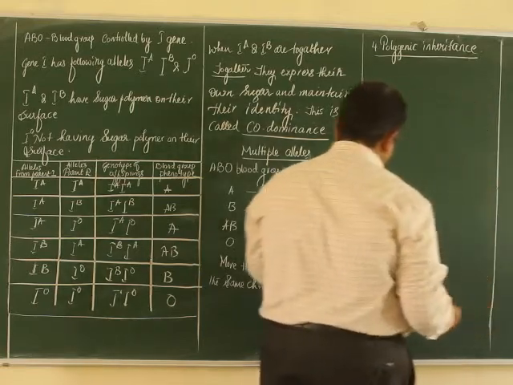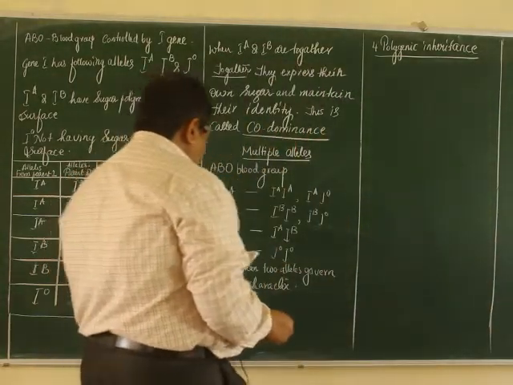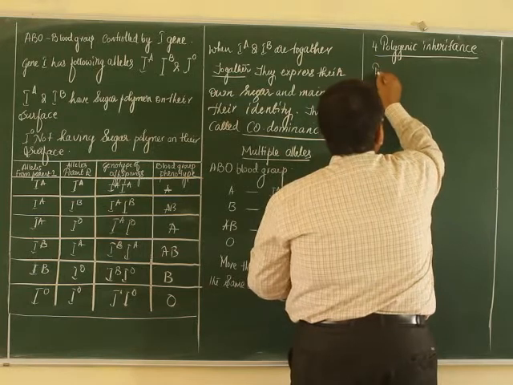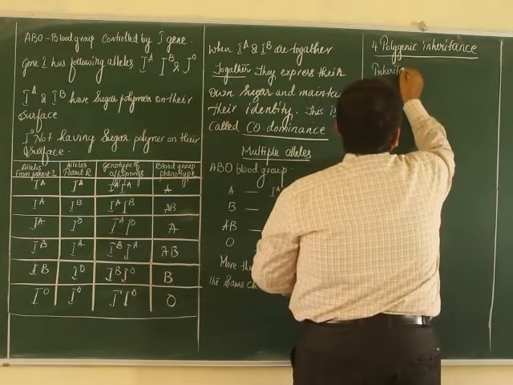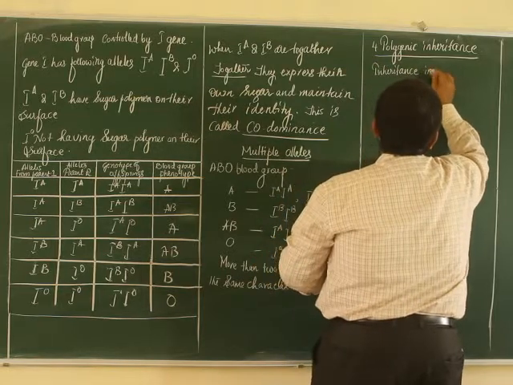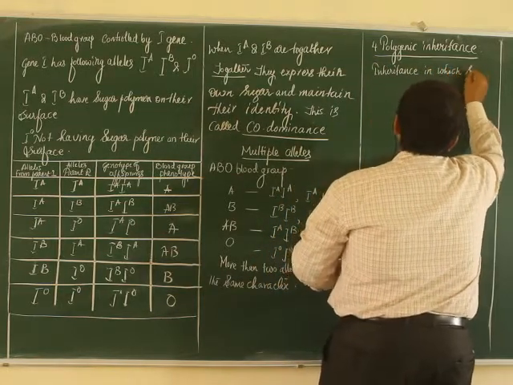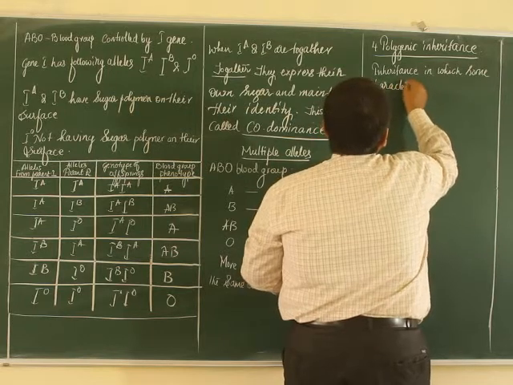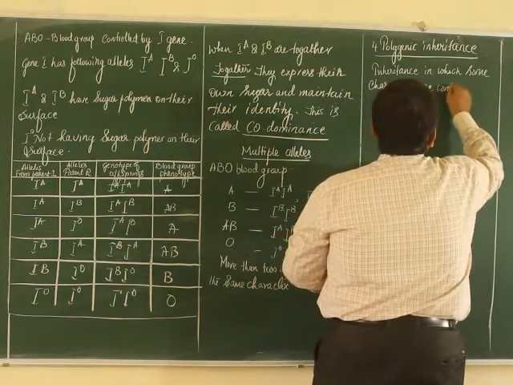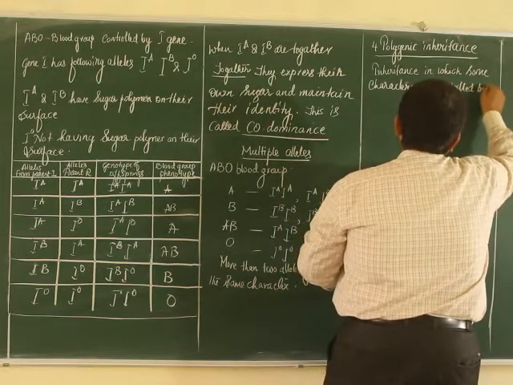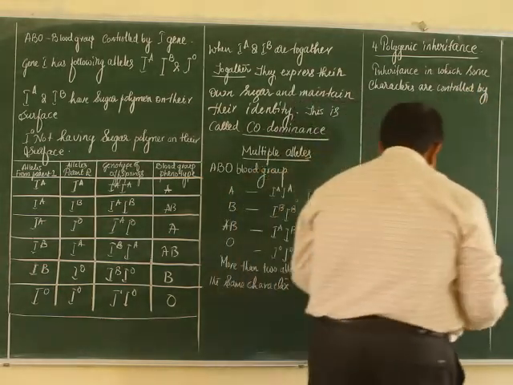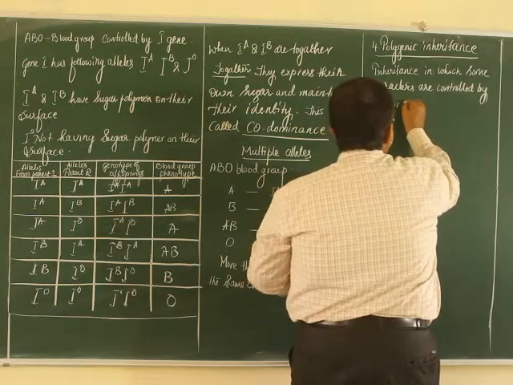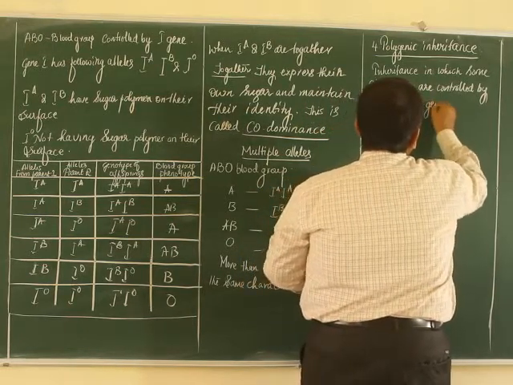Polygenic inheritance is inheritance in which some characters are controlled by three or more genes.